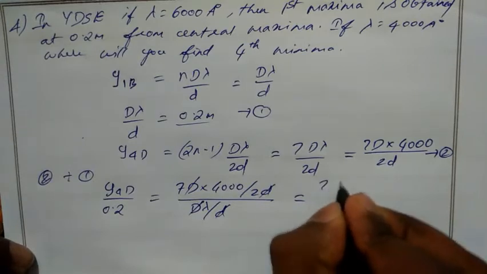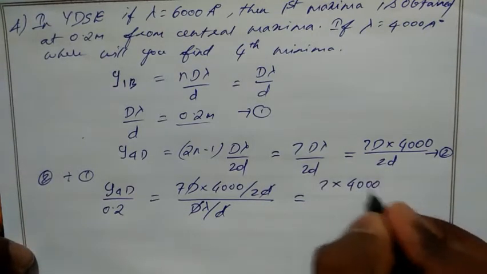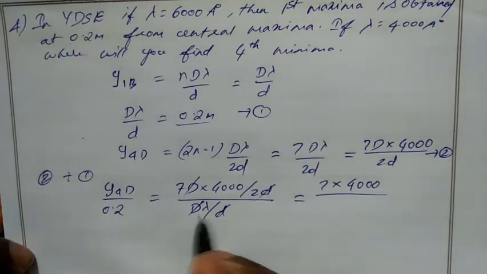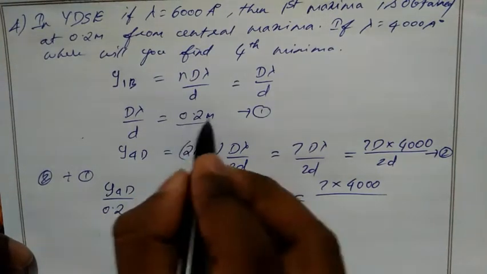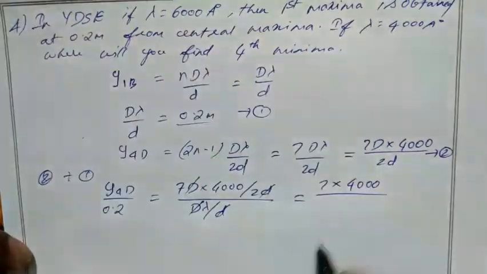Then we have 7 into 4000 divided by lambda into 2, where lambda is 6000.